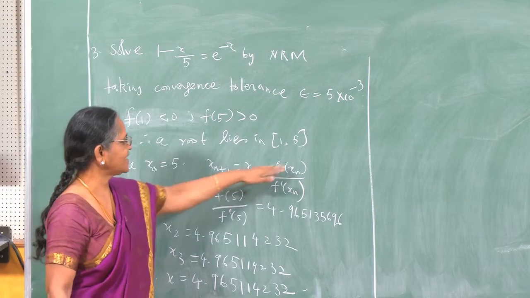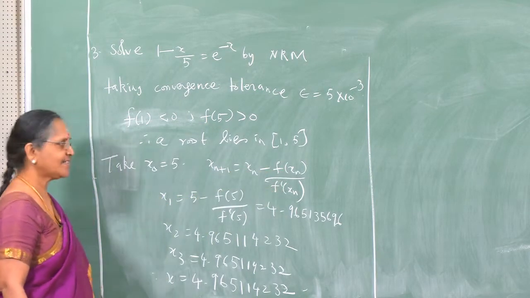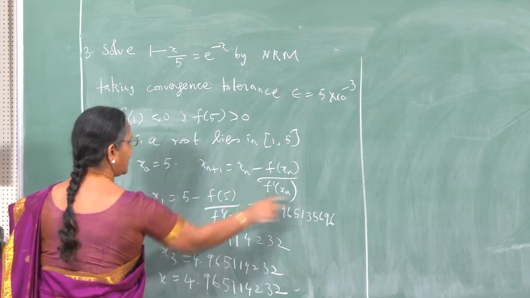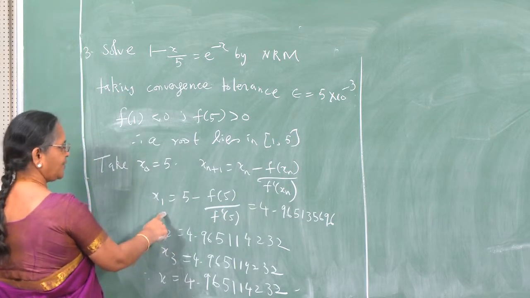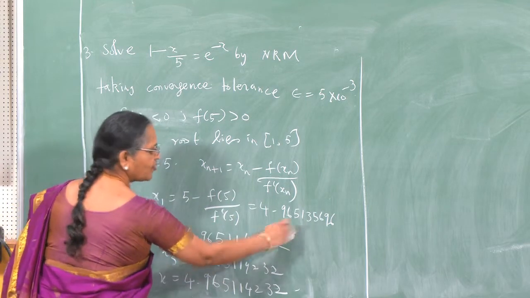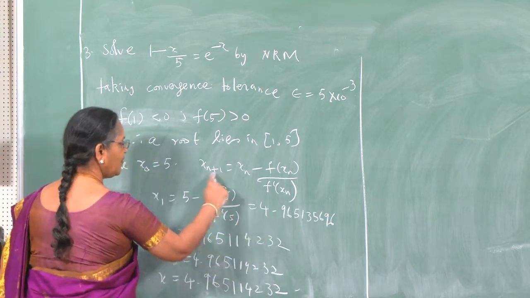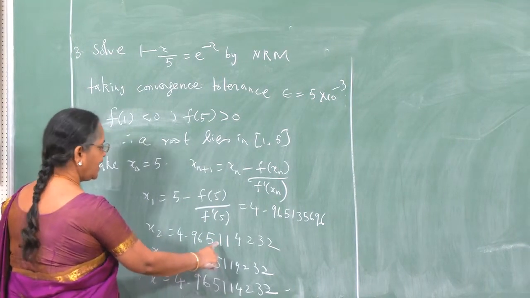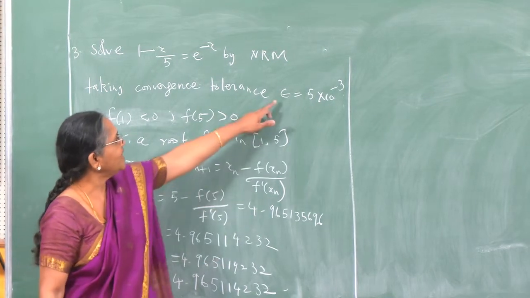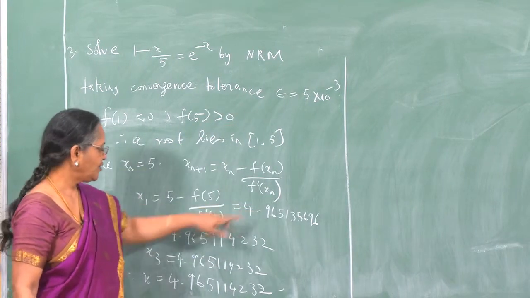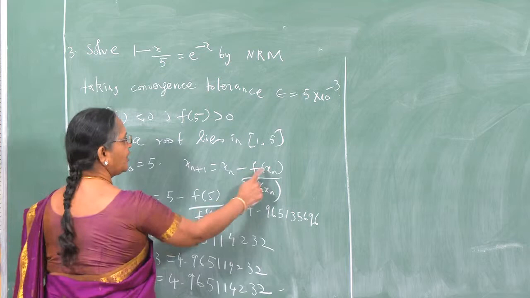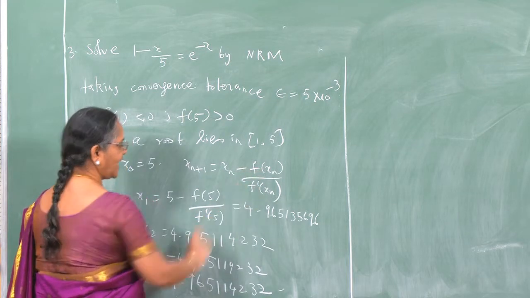X n plus 1 is x n minus f of x n by f dash of x n. So, knowing x naught equal to 5, we obtain the right hand side and that will give you x 1. So, that is 5 minus f of 5 by f dash of 5, and that turns out to be this. With this as x 1, we compute x 2 and we check whether the difference between the successive iterates satisfy the required accuracy. No. So, we continue to compute x 3 with x 2 used on the right hand side for x n.